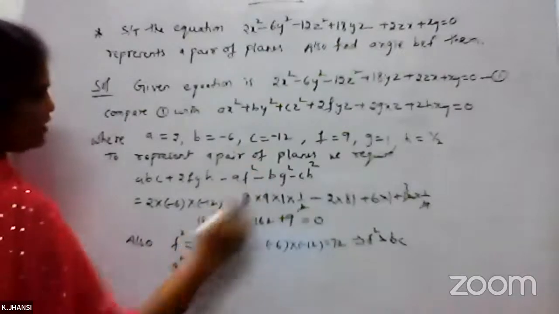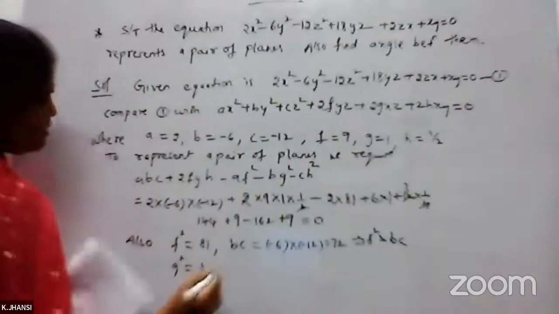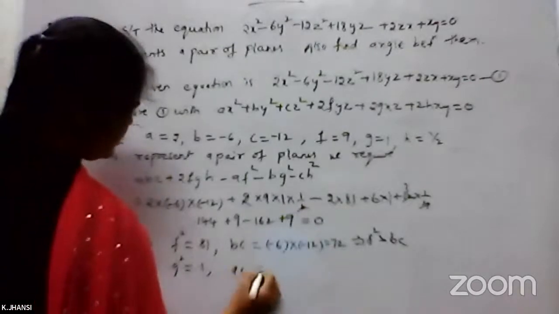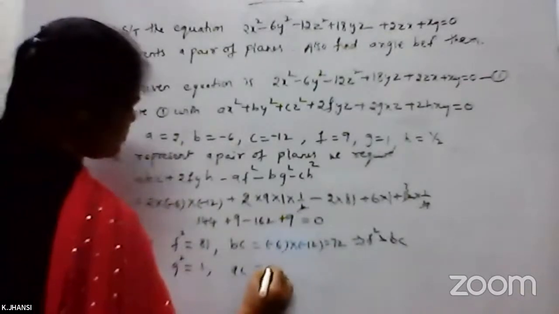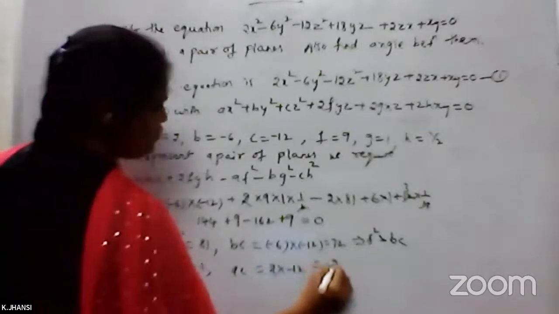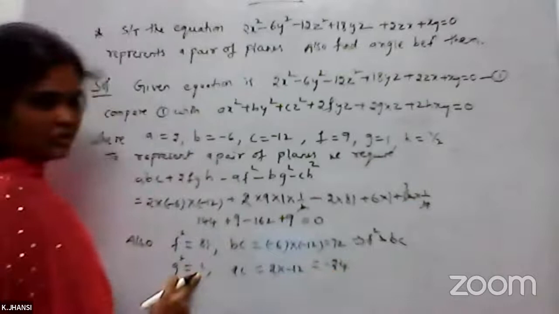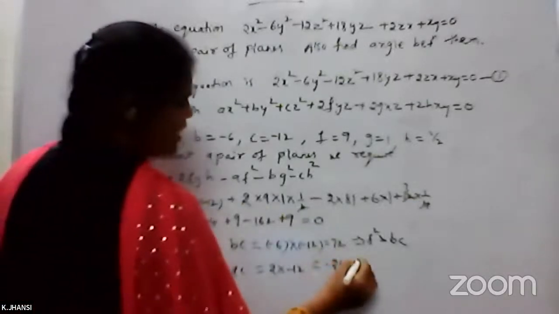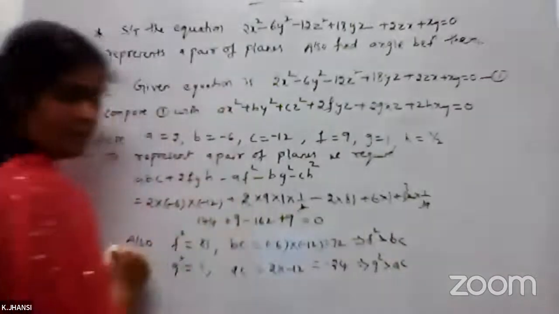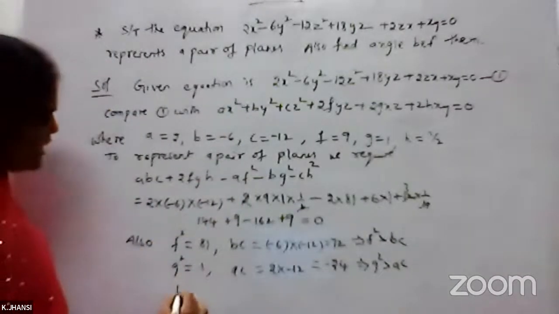Next, G square. What is G square? G is 1. G square is for AC. What is AC? A is 2 and C is minus 12. It equals minus 24. So G square is 1, which implies G square is greater than AC. Okay. Next one, H square.